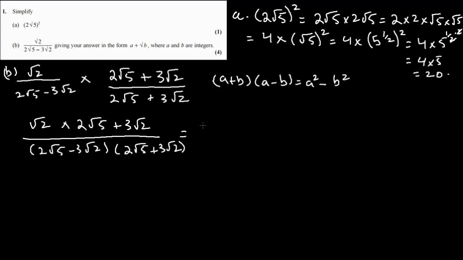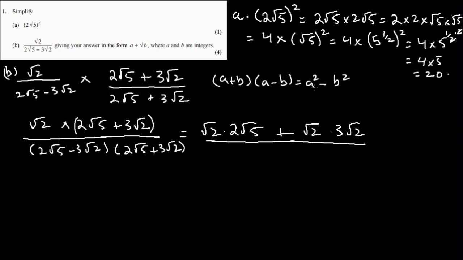So the numerator, sorry, this has two brackets because we multiplied by both. So numerator becomes root 2. I'm going to bring root 2 inside and multiply by these two terms. So root 2 dot 2 root 5, that's root 2 times this, then root 2 times this. You have to put plus because there's a plus in between. You have root 2 dot 3 root 2.